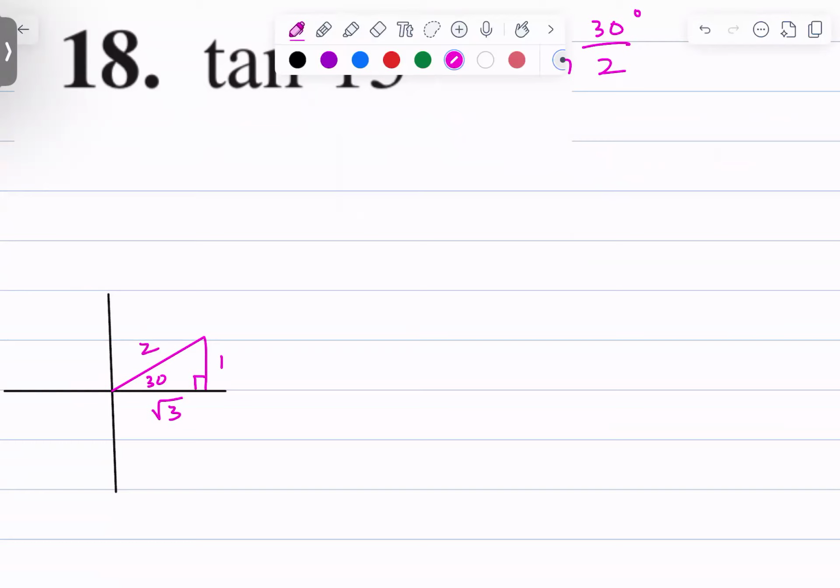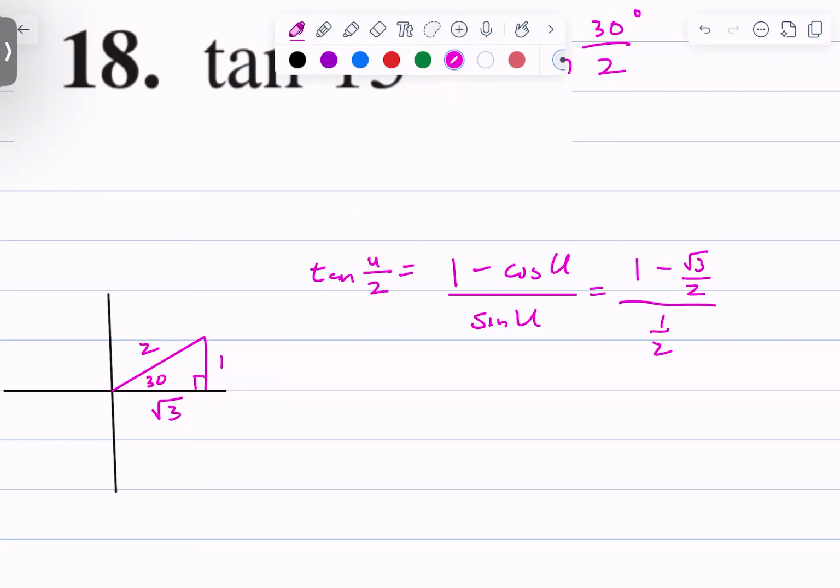Okay. And if I use the tangent value of that, that would be 1 minus cosine of u over sine of u. Okay. So cosine of 30 is square root of 3 over 2 over sine of 30 is 1/2.